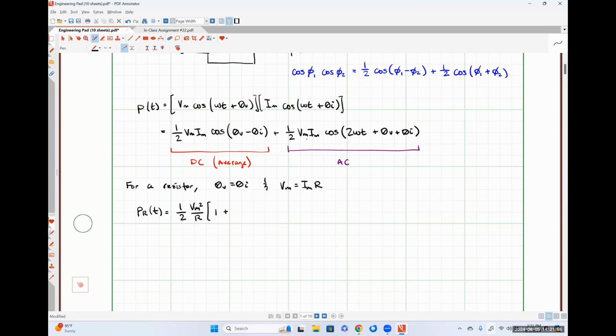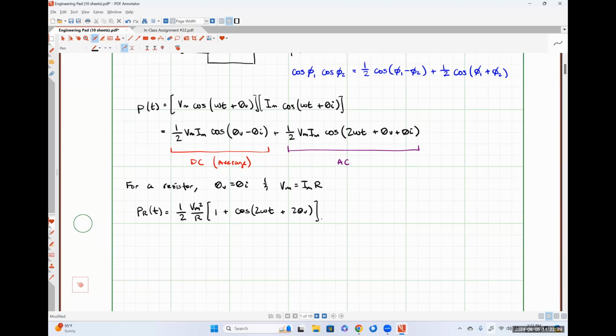I'm pulling my 1/2 V_m I_m from my AC term now. So I'll have cosine twice omega t. And then when theta_V and theta_I are equal, the sum of those two angles could be expressed as simply twice theta_V. So this expression right here allows us to calculate the instantaneous power absorbed by a resistor if we only know what the voltage drop across the resistor is.